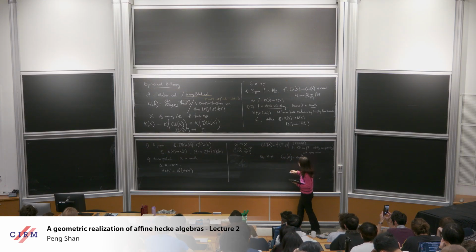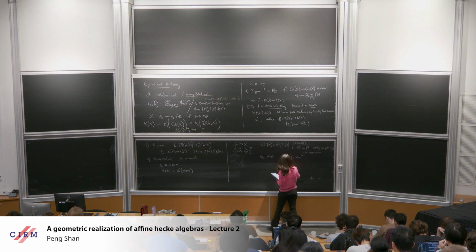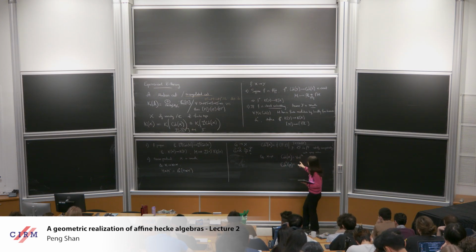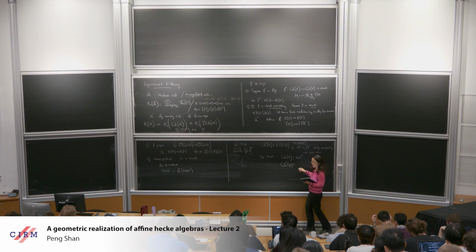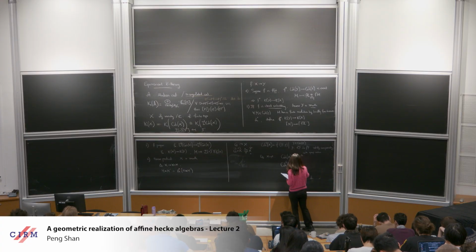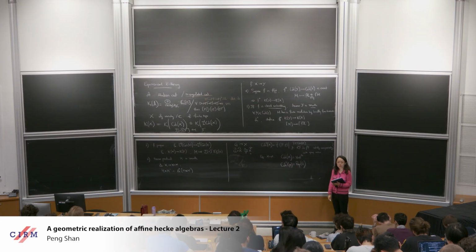And in this case, a G-equivariant coherent sheaf on a point is nothing but a vector space equipped with a G action, so that's the same as a representation of G.